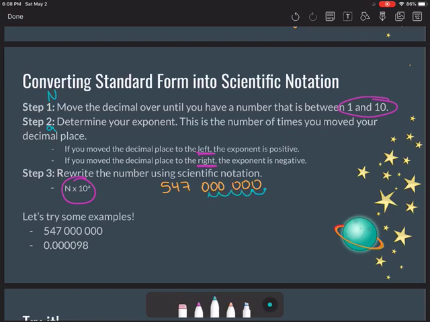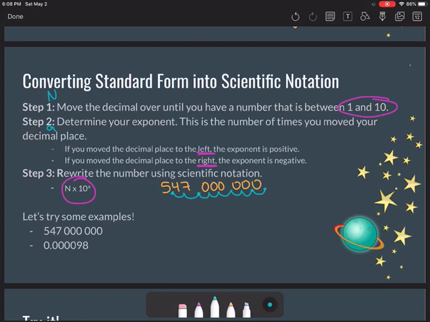If we move it all the way over here, our number is going to be 547. If we move it over one more, we get 54.7. If we move it over one more, we get 5.47000000. Okay, so we are going to move it until essentially there is only one number that isn't 0 to the left of that decimal place.